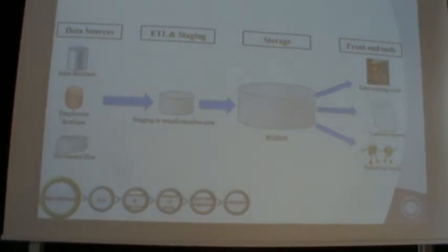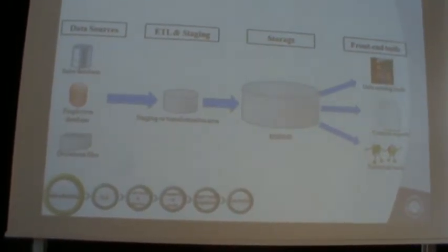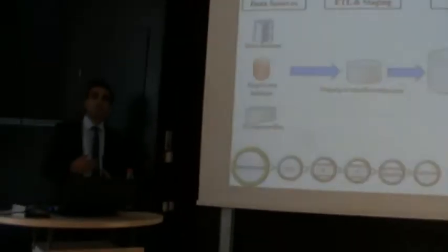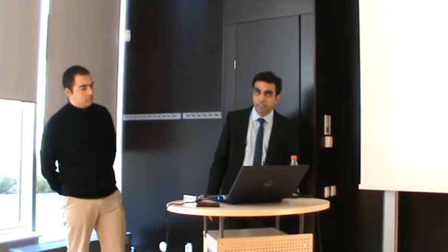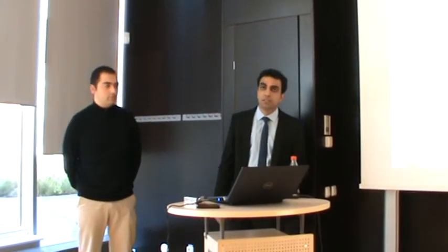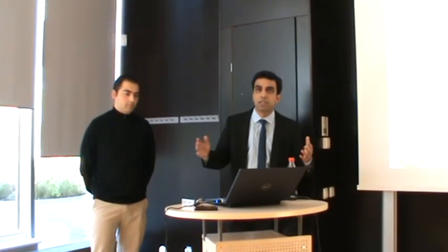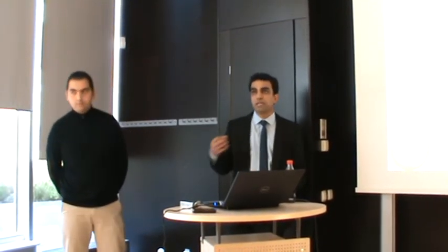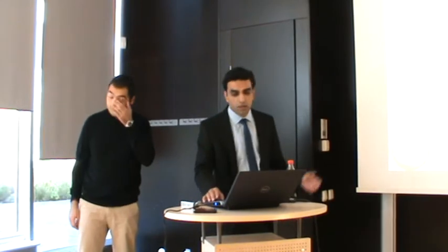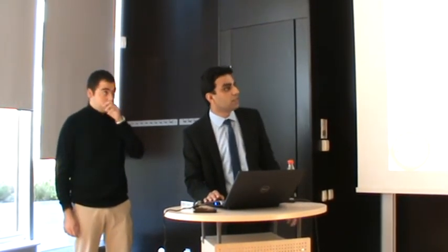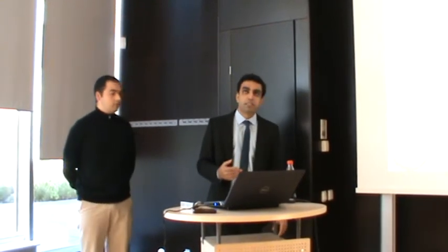Once the data is extracted from these data sources, it is transformed and saved into a temporary location called the staging area. Here it is further cleaned of any anomalies and transferred into the relational database management system, which is quite a huge storage. From there, as I already stated, data can be extracted for different purposes, like data mining tools, custom reports, and statistical tools.